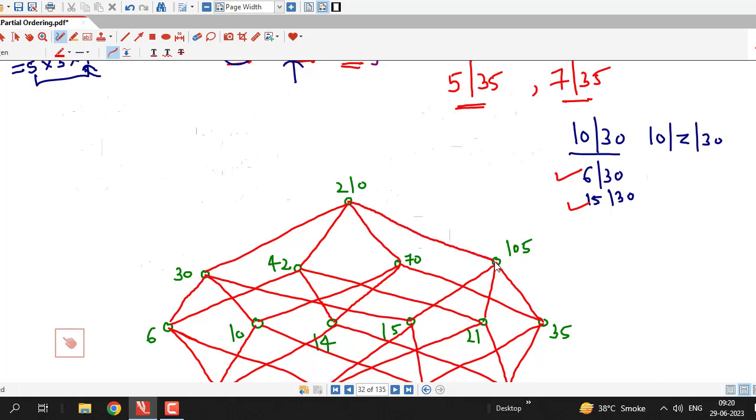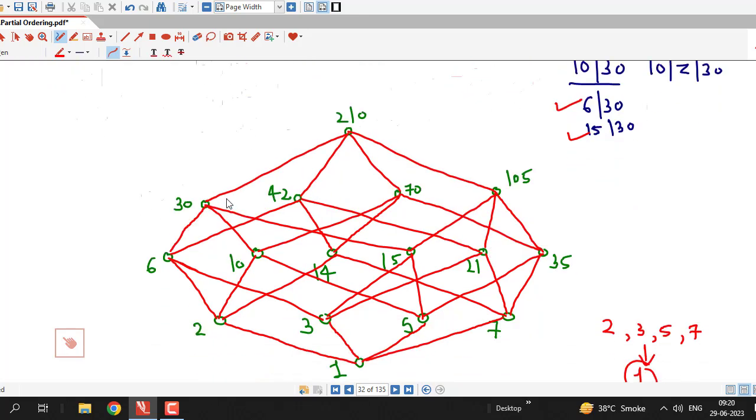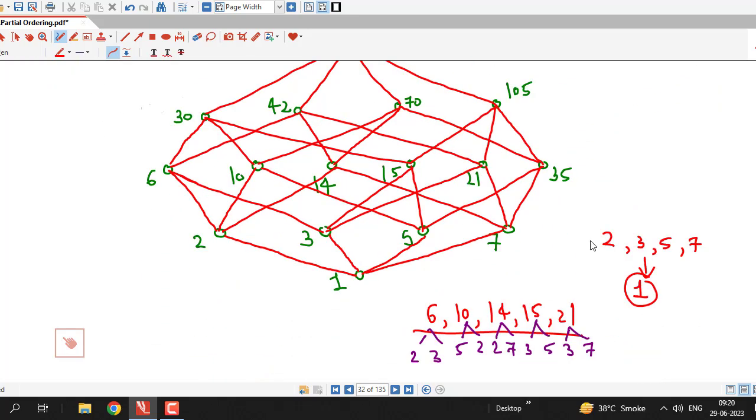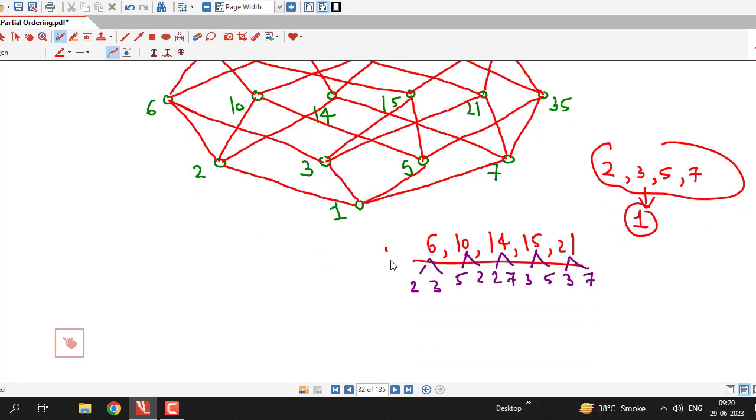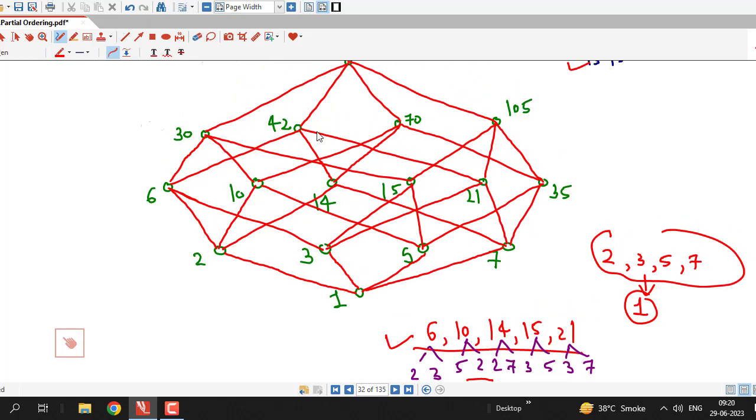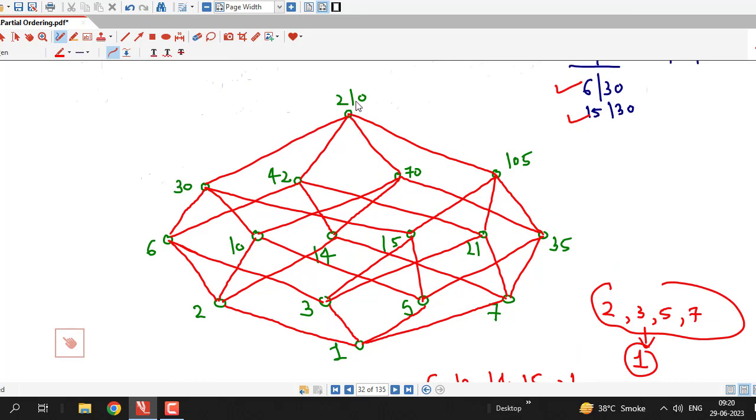That is, 210 covers 4 elements. This 2, 3, 5, 7 covers 1 element. This 6, 10, 14, 15, 21 covers 2 elements. This 30, 42, 70, 105 covers 3 elements, and 210 covers 4 elements.